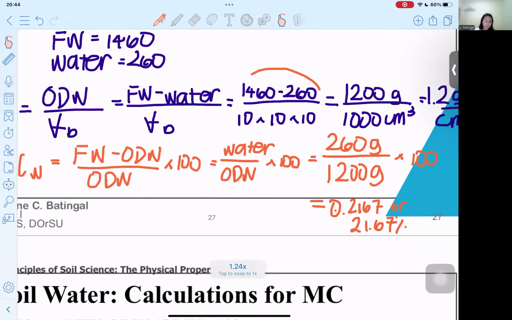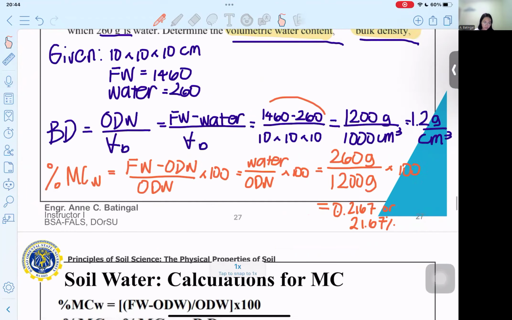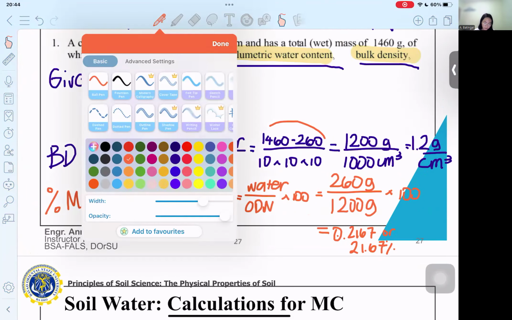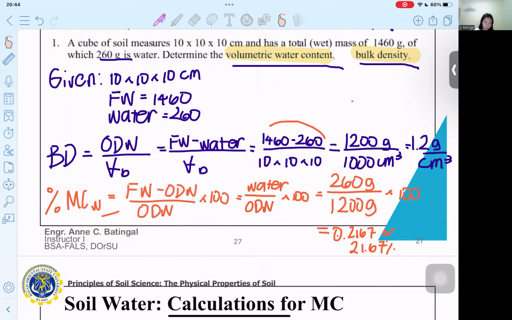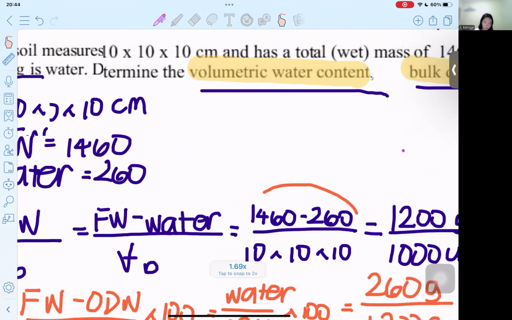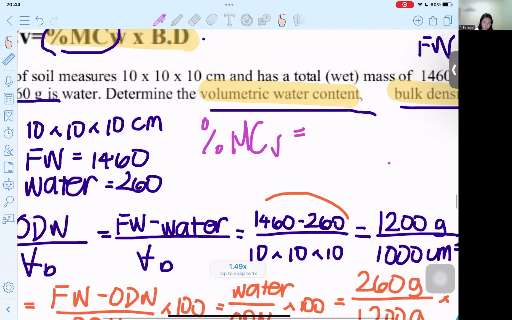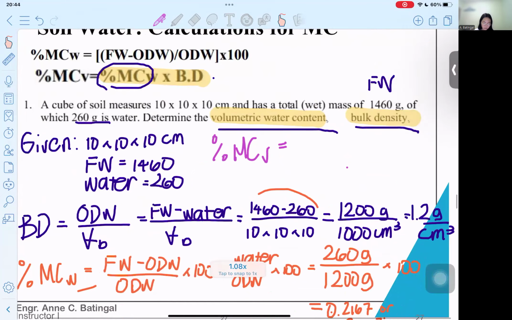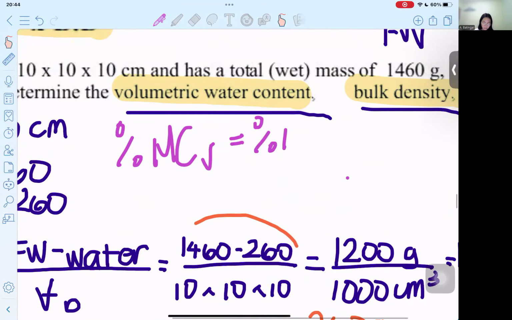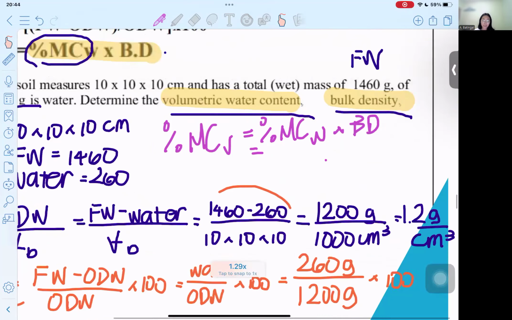Pero ang pangutana sa problem is volumetric water content. Now, to get the volumetric water content is just equal to percent MCW times your bulk density. So, volumetric water content, atong gamiton ang decimal.